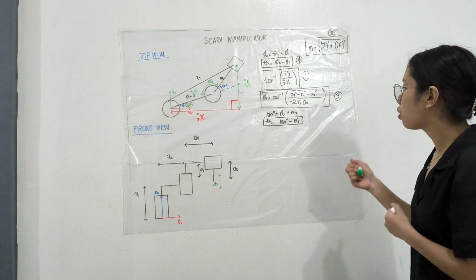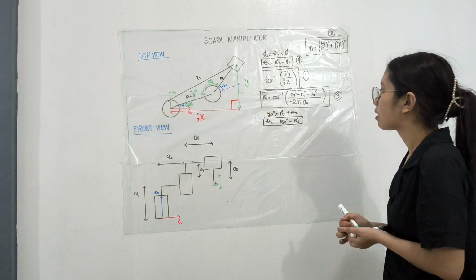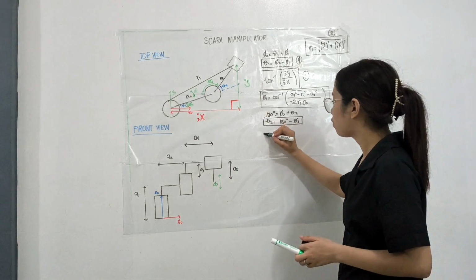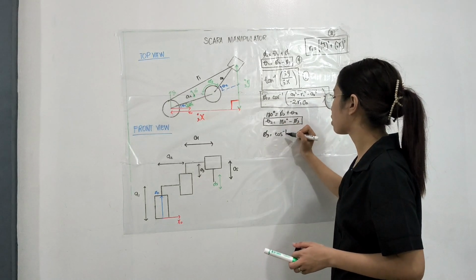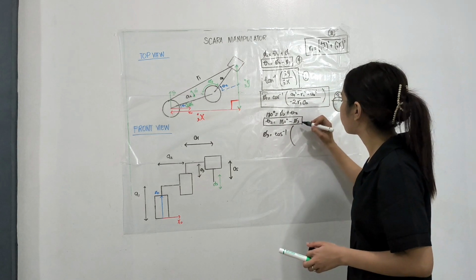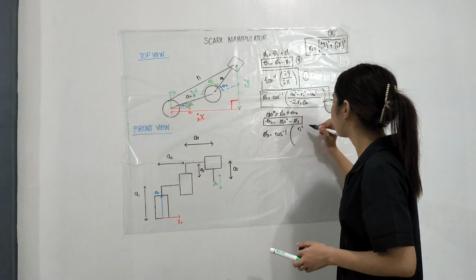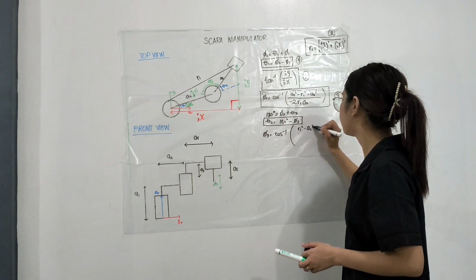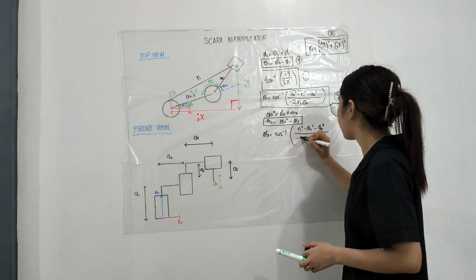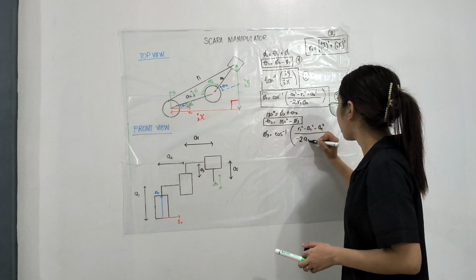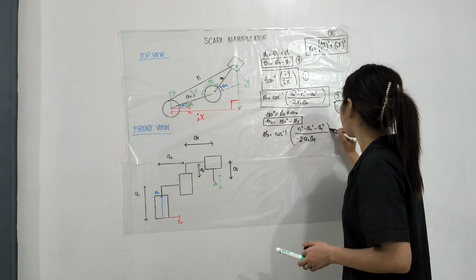So the formula would be phi 3 is equal to inverse cosine of r1 squared minus a2 squared minus a4 squared over 2a2 a4.